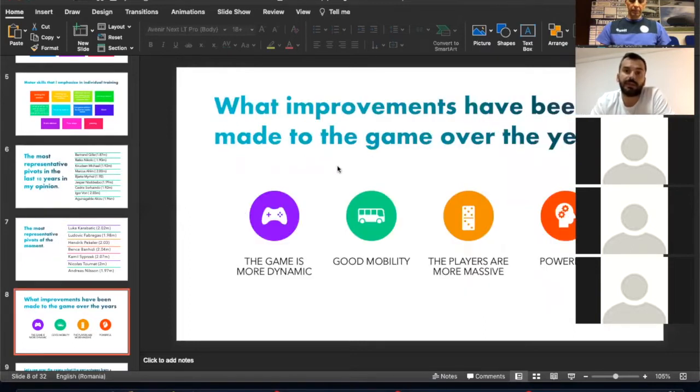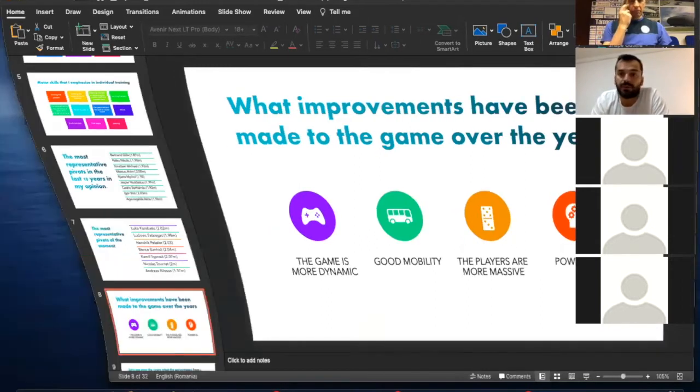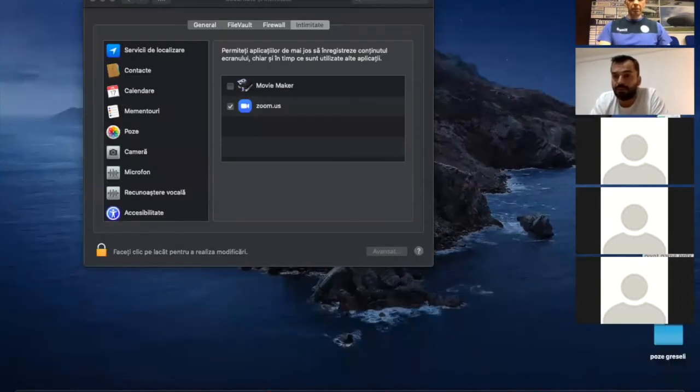I can say that I found this improvement of the moment in the pivot position in the games: it's more dynamic, with good mobility, and the players are more massive and powerful. And now I can show you some clips that I made with these guys, just a little bit to remember about that.